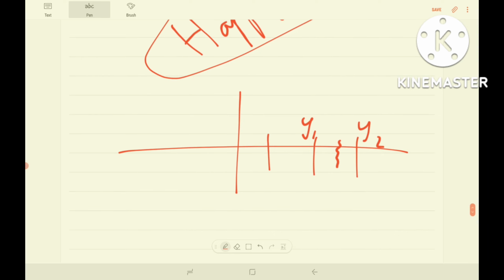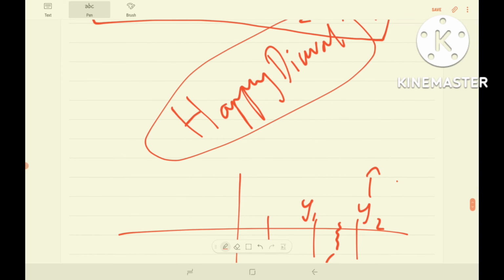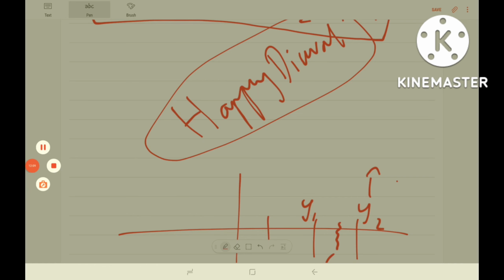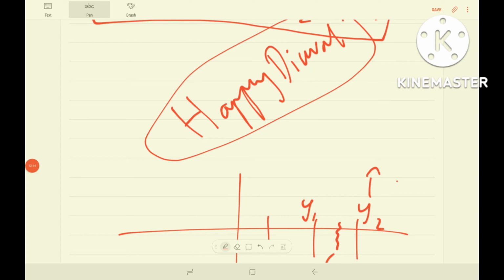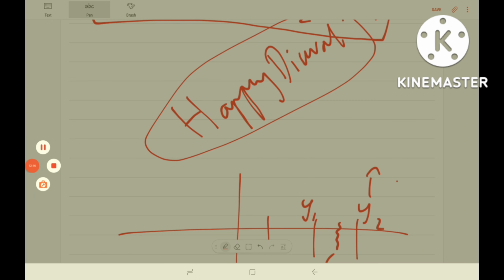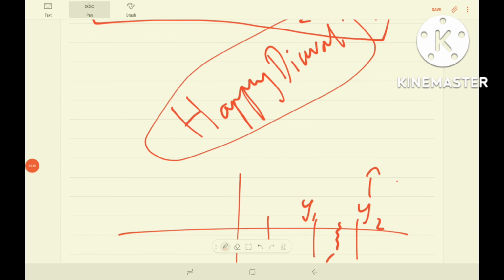If I tell Happy Diwali here, which means I'm telling Happy Diwali for year 2, which means Happy Diwali is kind of a roof function. Oh my god, this is some kind of dangerous analogy, and you might like to keep this analogy in your head. Bye.